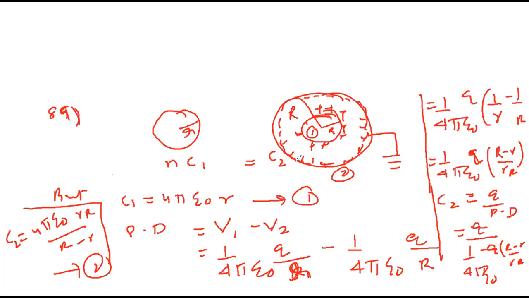Potential on the surface or inside is always the same. The potential for the charge is 1 upon 4 pi epsilon q by small r for the inner one, and the outer negative will give minus of 1 upon 4 pi epsilon q by capital R. 1 upon 4 pi epsilon q I took common, 1 by r minus 1 by capital R. So 1 upon 4 pi epsilon q into capital R minus small r upon RR. So capacity is charge upon potential difference. Charge is q, potential difference is 1 upon 4 pi epsilon q into R minus r upon R into r.